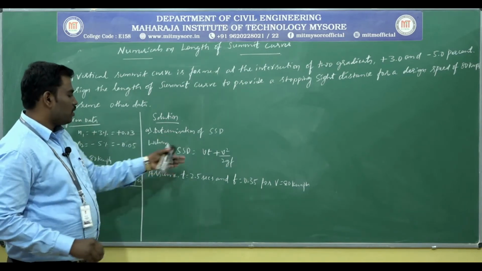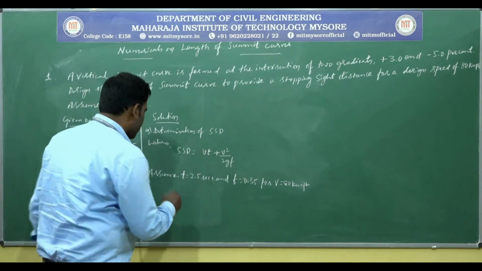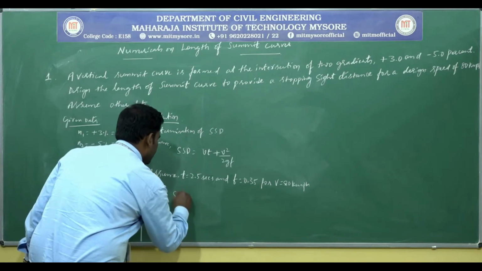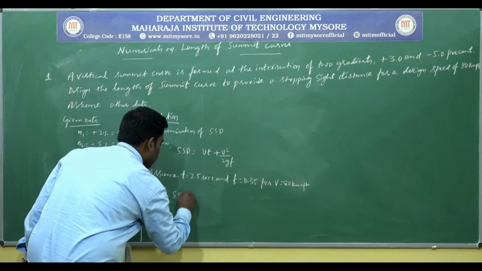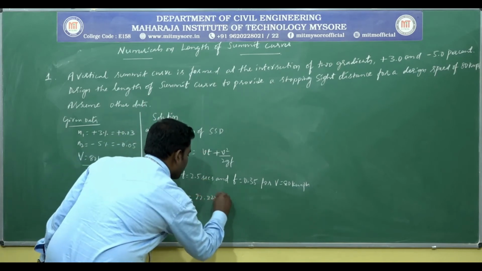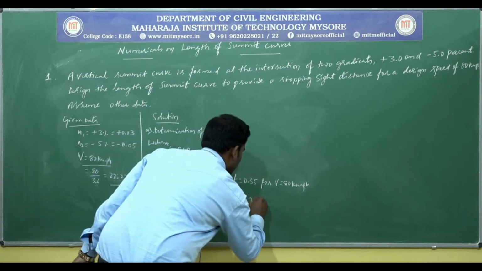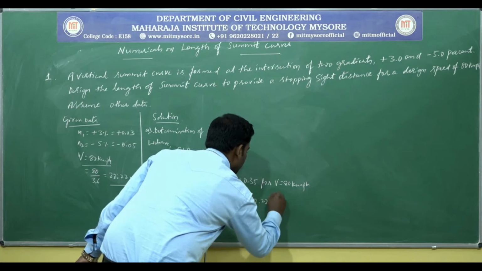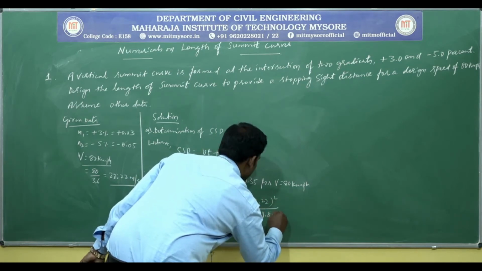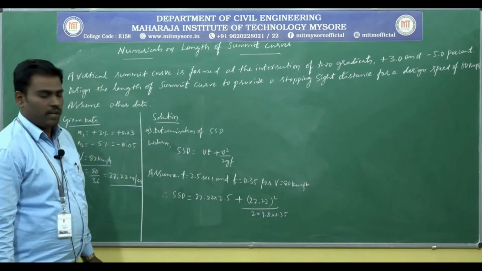Then if you substitute the elements in your stopping sight distance, therefore SSD is equal to Vt, that is 22.22 multiplied by 2.5, plus V square, 22.22 square divided by 2 into 9.8 multiplied by 0.35.